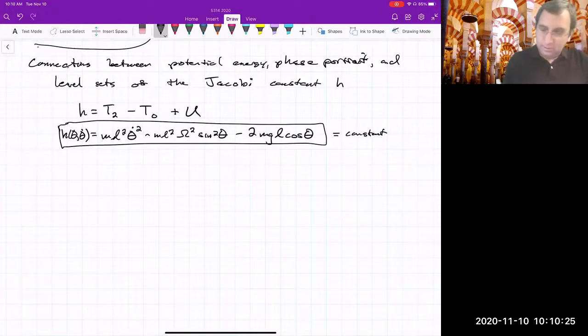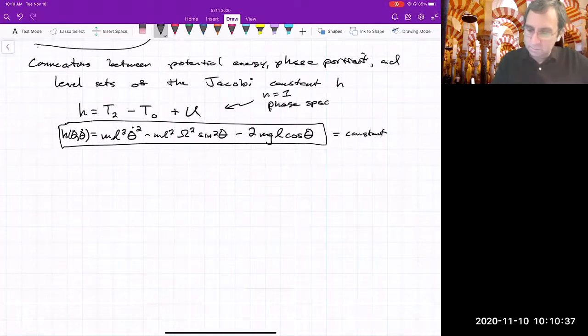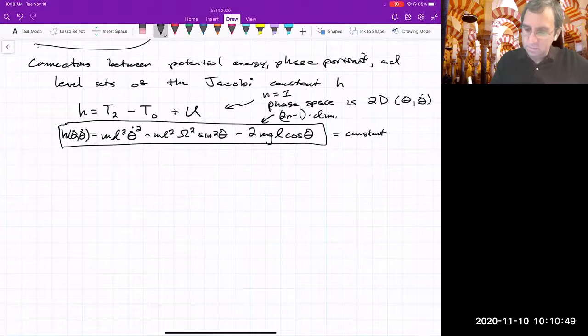So in this case, we have n equals 1 because we only have one generalized coordinate. So phase space is 2d, right? It's theta and theta dot. Level sets of H define curves that are 2n minus 1 dimensional, which means 1d. So we get curves.